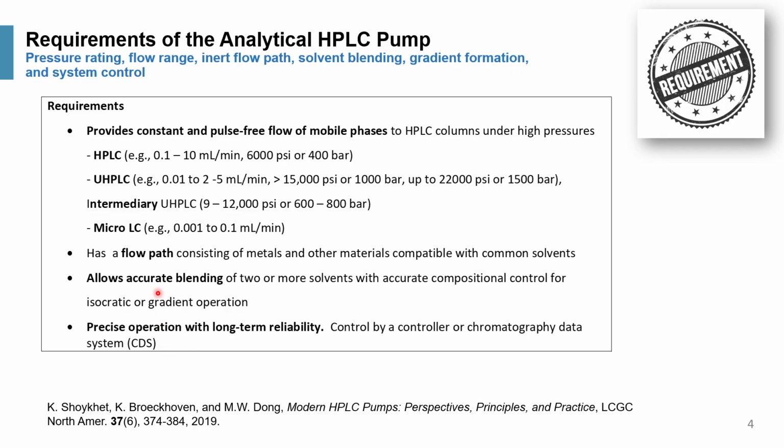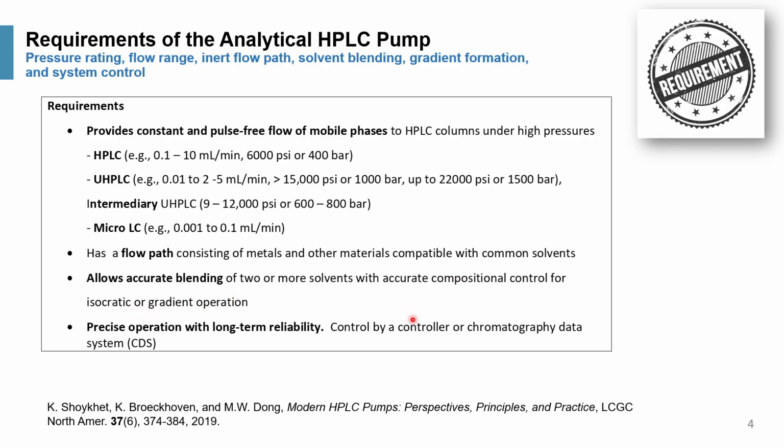So the requirement for pumps are flow path consisting of metal and other material which is compatible to some common HPLC solvent. A pump has to allow for accurate blending for 2 or more solvents and also have accurate compositional control for either isocratic or gradient operations.